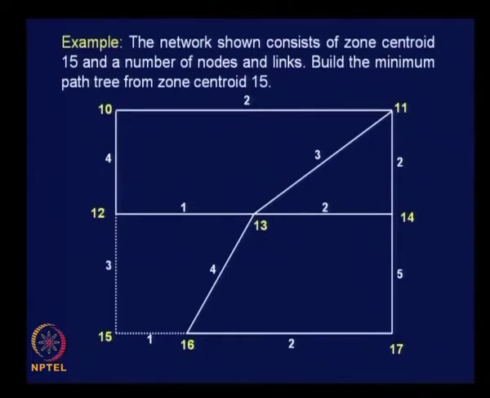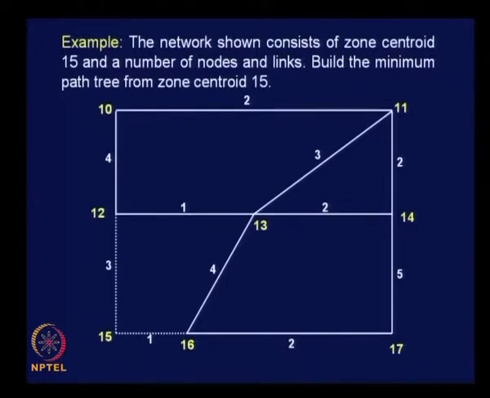And we have considered this example to understand building of minimum path tree. The problem is to build the minimum path tree from zone centroid 15 to all the other nodal points shown here. As you could see, this is not a complete transport system network, it is just a small segment of a road network linked to zone centroid 15, right.